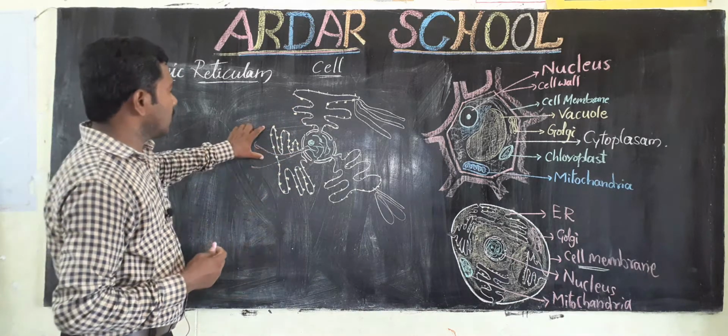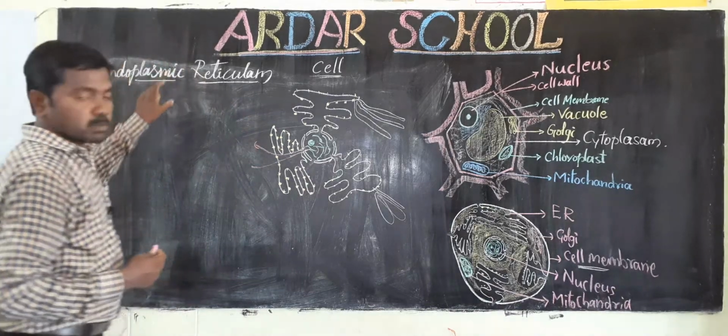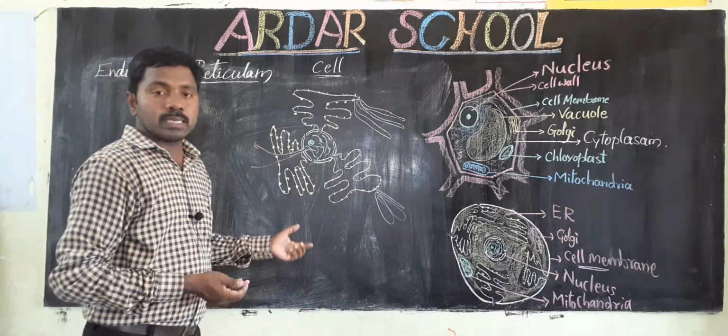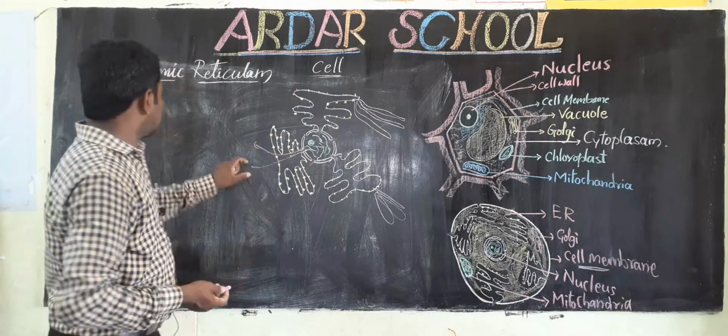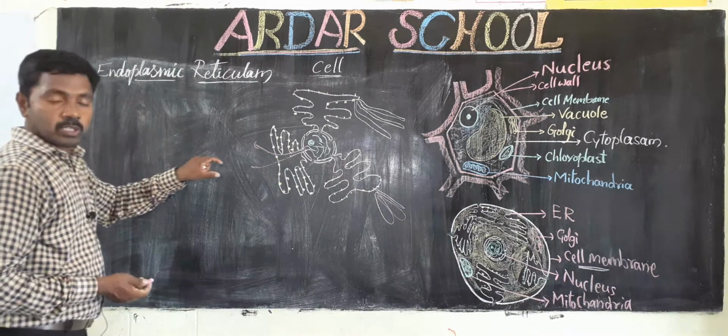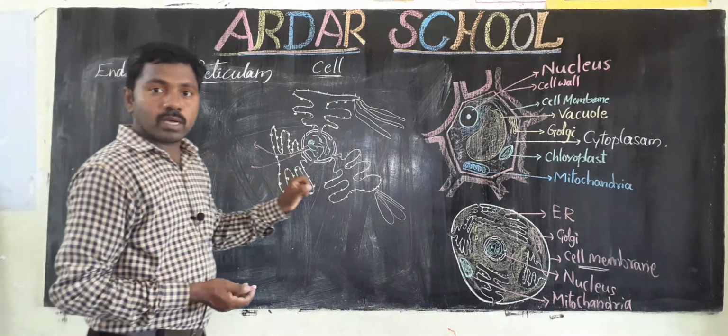That is the main use of the endoplasmic reticulum, and it also gives some support to the cell. That's why it is called the skeleton of the cell.